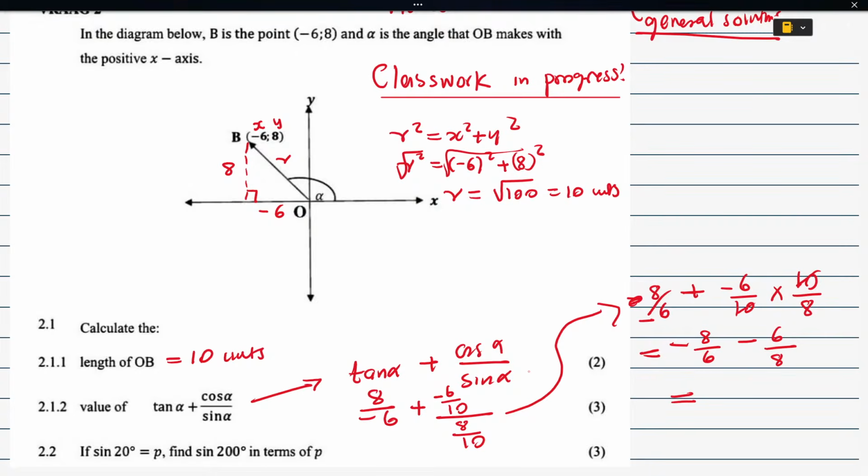Then you're going to cross multiply, and this and this will be minus 64. This and this is going to be minus 36, all over 6 times 8, right? 8 times 6 is 48. So the answer will be negative 100 over 48, which is what? It's going to be negative 100 divided by 48.